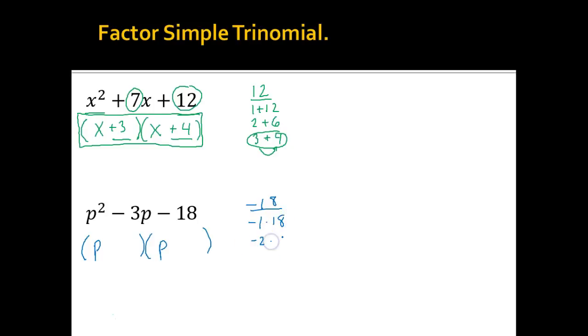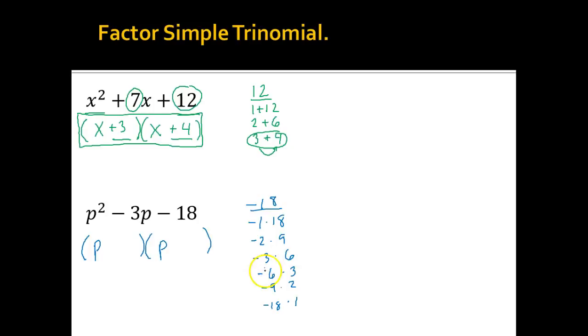Negative 2 times 9, negative 3 times 6, and then, let's see, 4 is not going to work, 5 doesn't work, so we're back to 6, but remember, one's positive, one's negative, so it's important to say negative 6 times 3, negative 9 times 2, and negative 18 times 1. Those are all the different ways to get a negative 18. One number is positive, one number is negative, and it matters which one's which. So we had to do all 6 versions.